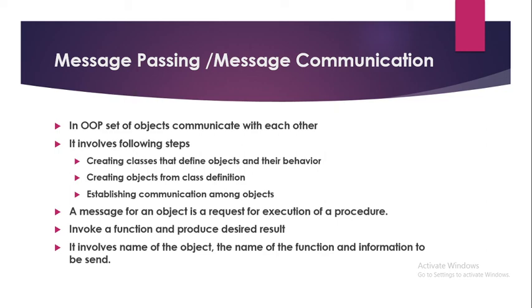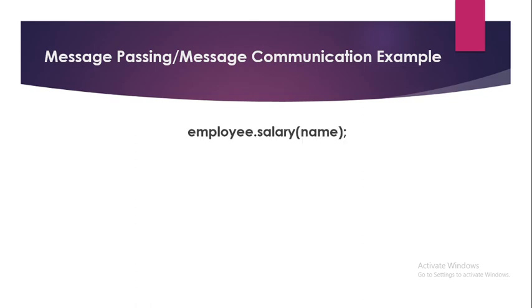For example, if employee is one object, salary is a function written for that object. So employee is the object, salary is the name of the function, and name is the name of the employee, for example.